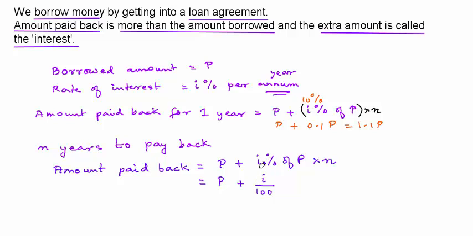So that's I over 100, change it to a decimal, of P, that means times P times N.